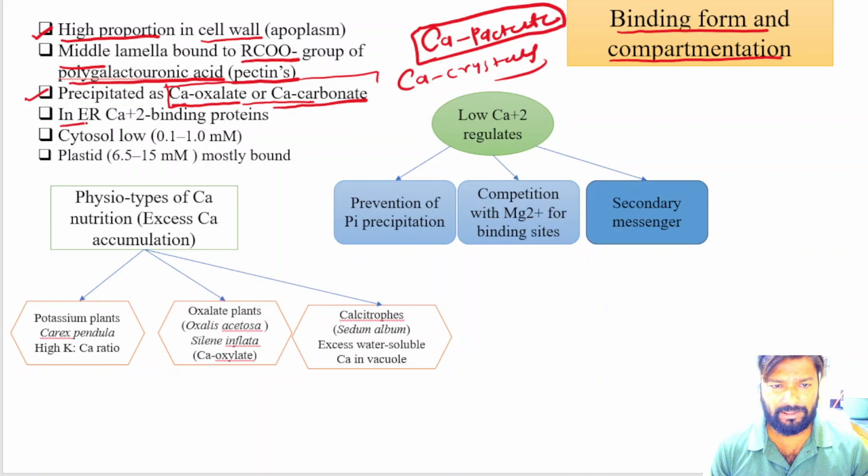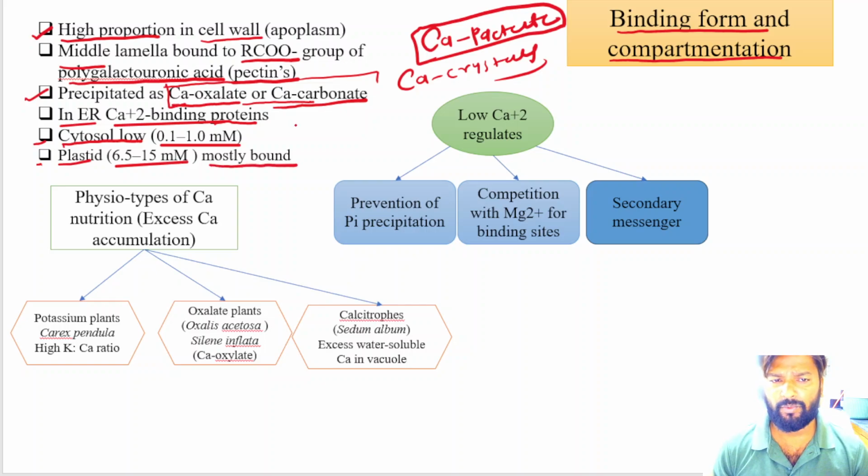In the endoplasmic reticulum it is found as calcium binding proteins. But in the cytosol it is found in a low concentration, near 0.1 to 0.2 micromolar. Next, in the plastid it is found at 6.5 to 15 millimolar and mostly in the bound form.